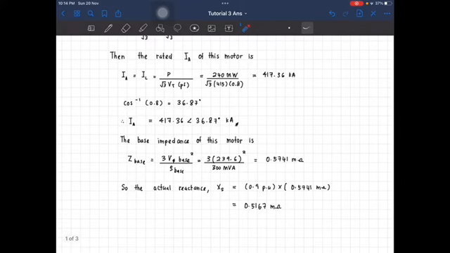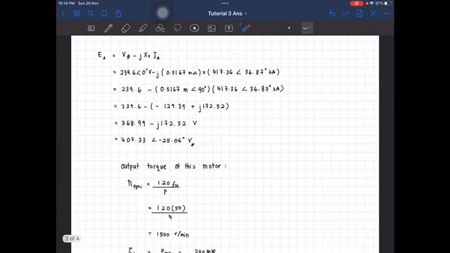So we find the actual reactance XS as 0.9 per unit times the Z base we got, 0.5741 milliohm. So the answer is 0.5167 milliohm.